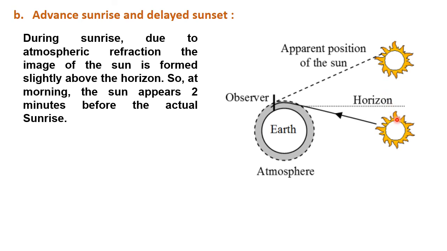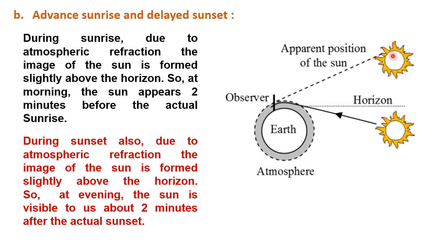So actually the position of the sun is this, but due to atmospheric refraction, the sun will be seen above the horizon. This position of the sun we call the apparent position. So although the sun is below the horizon, the observer on the earth's surface will see the sun above the horizon. So this is called advanced sunrise.